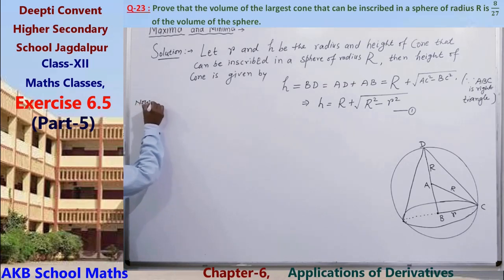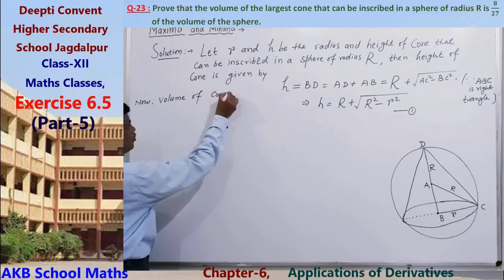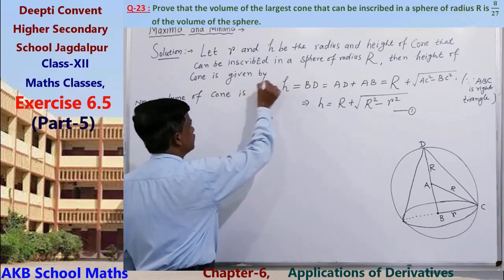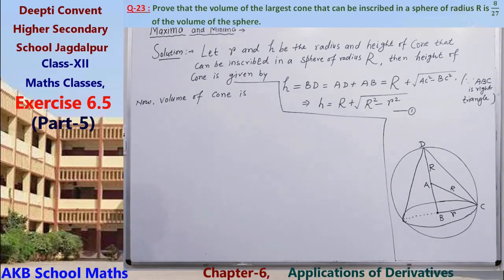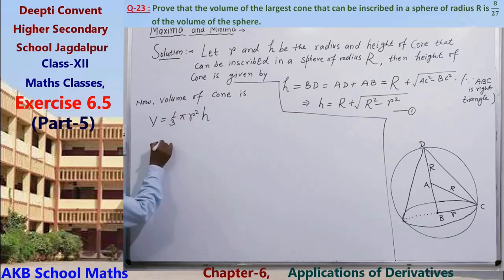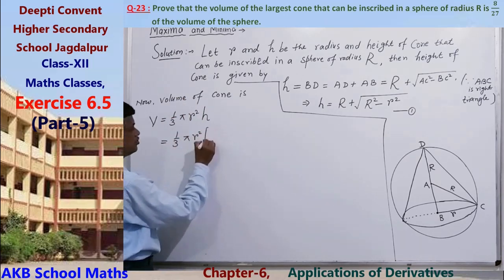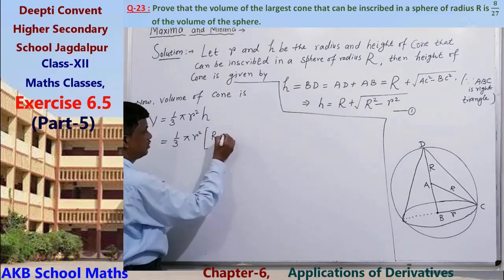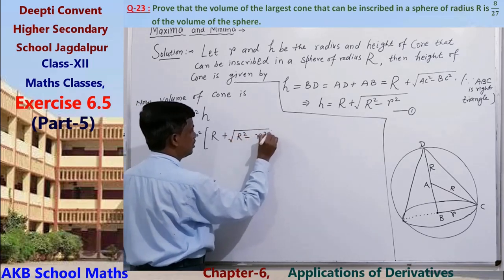Now the volume of the cone is V equals 1 upon 3 pi r square h. This equals 1 upon 3 pi r square times, from the earlier result, capital R plus root of R square minus small r square.